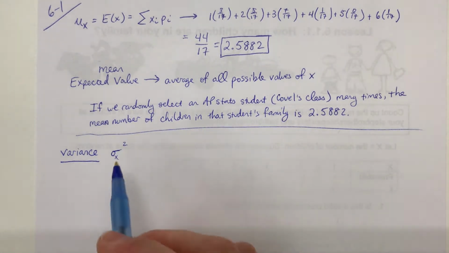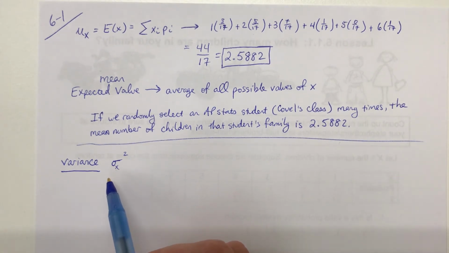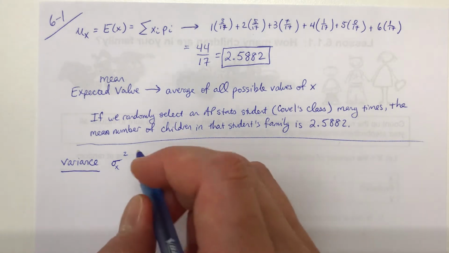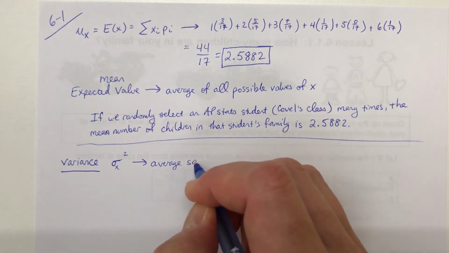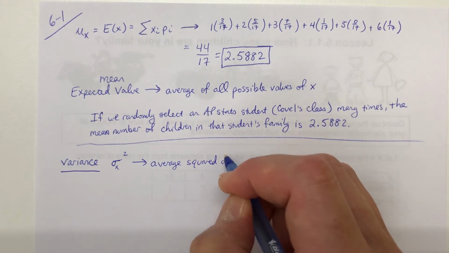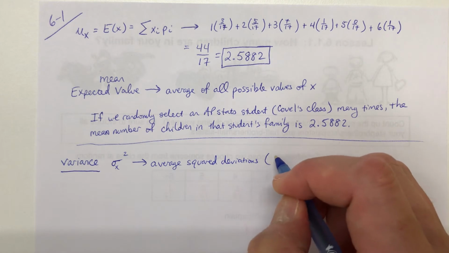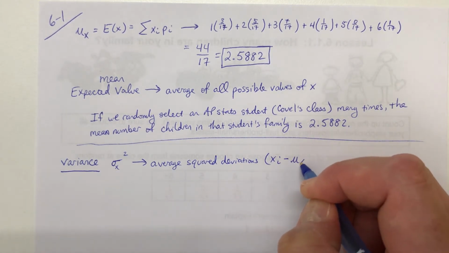Now, in this case, because we have this variable x, and we defined x on the front to be the number of children in each person's family in the class, the standard deviation of x squared is the average squared deviations, which we would write as each x value minus the mean.